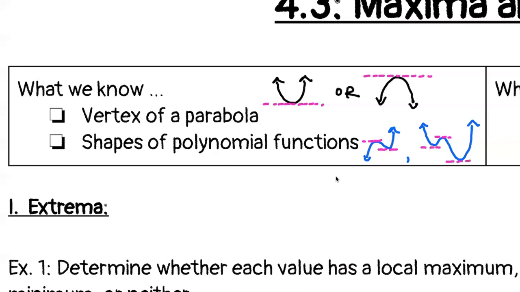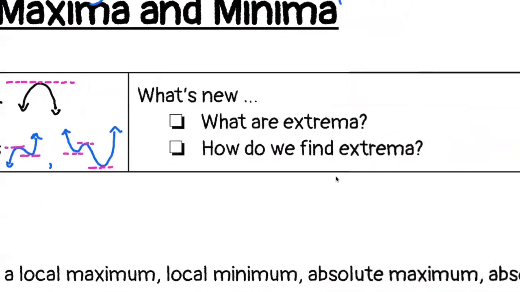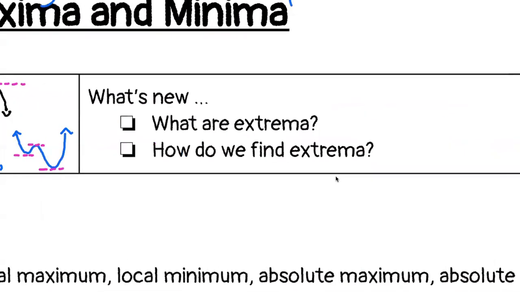Yesterday, somebody asked the most wonderful question: how do we tell the difference? How do we tell whether there is a maximum or a minimum? That's precisely what we're going to get to today. We want to learn some new vocabulary and talk a little bit about procedure.